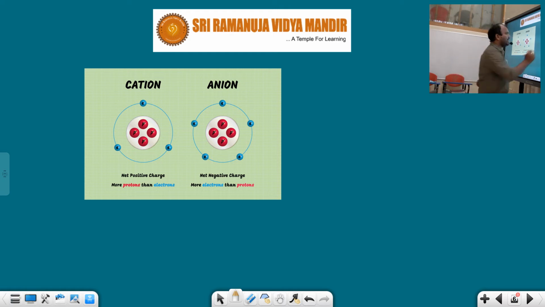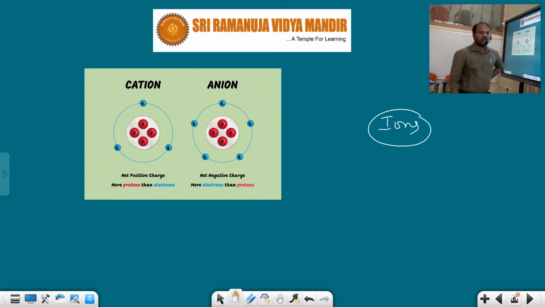So generally ions are of two types. Why are ions formed? Either the atom loses electrons or gains electrons. What is the reason the atom donates or accepts electrons? To attain stability. Some atoms lose electrons to attain stability, some atoms gain electrons to attain more stability. When an atom gets charged, it is called an ion.